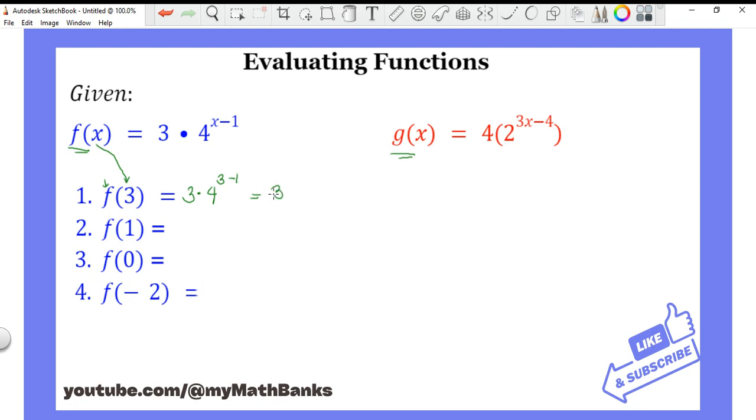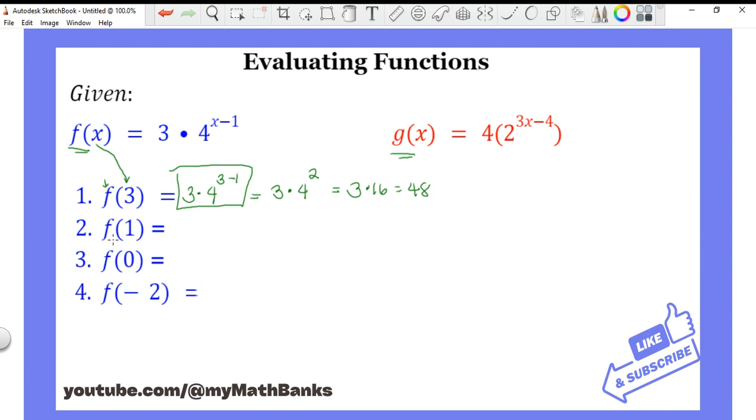It's just going to be 3 times 4 to the power of 2. Simplify the exponent first: 4 squared is 16, so 3 times 16, and finally you multiply that. Alternatively, you can put this in your calculator, and it should give you 48.